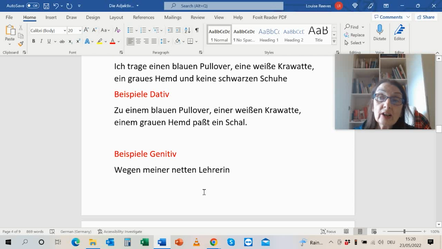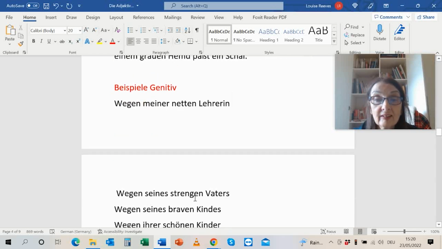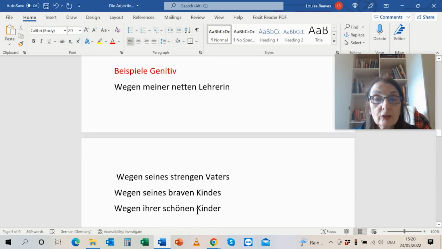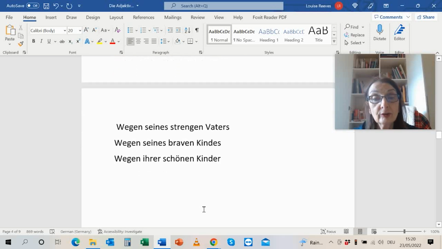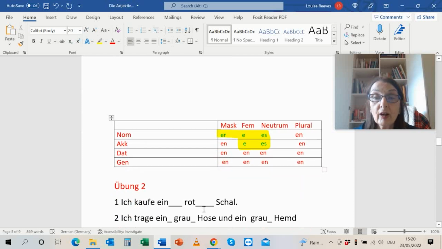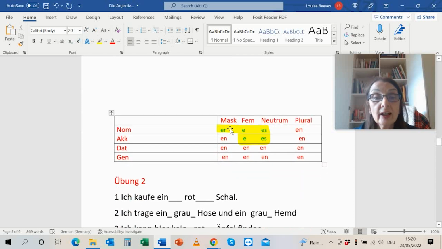So the only areas you have to watch out for are the nominative and accusative. Wegen seines strengen Vaters, on account of a strict dad. Wegen seines braven Kindes, on account of his well-behaved child. Wegen ihrer schönen Kinder, on account of her nice children. So there are examples of where your endings are.